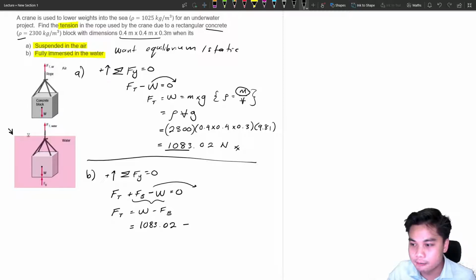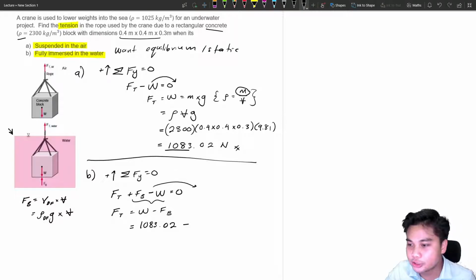Remember that the formula of buoyancy force is Fb equal to gamma of the liquid displaced multiplied with the volume, or we expand gamma further: rho of displaced fluid times g multiplied with the volume.